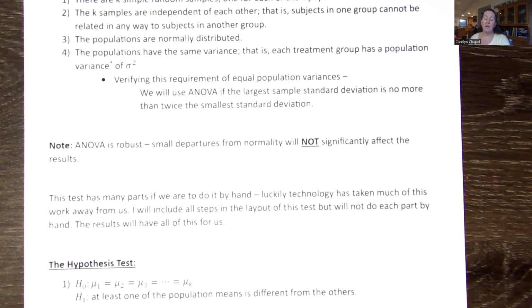And if you remember how to calculate the variance of a sample, we had to take the mean and then subtract off each data value from the mean, square all those numbers, add them all together, divide. Very similar things done here, but more than once. So I will talk about the calculations to do in this procedure, but I will not be doing them. We will be using technology to do all of this process for us.